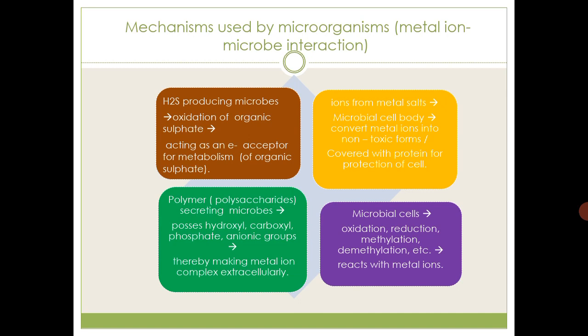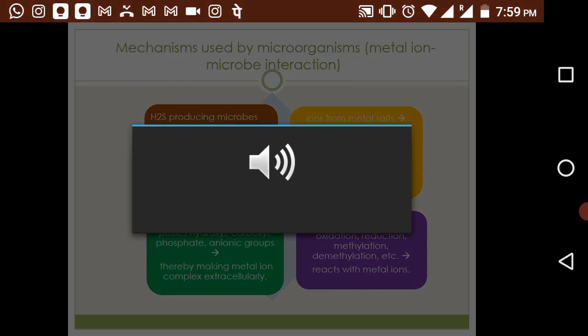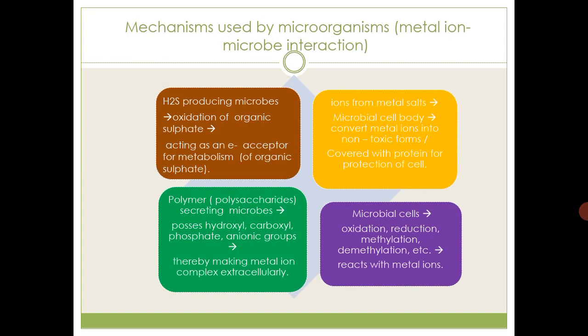Now the third one, the green box. There are some microorganisms that can secrete polymers such as polysaccharides, and these polymers possess groups such as hydroxyl group, carboxyl group, phosphate, and other anionic groups.